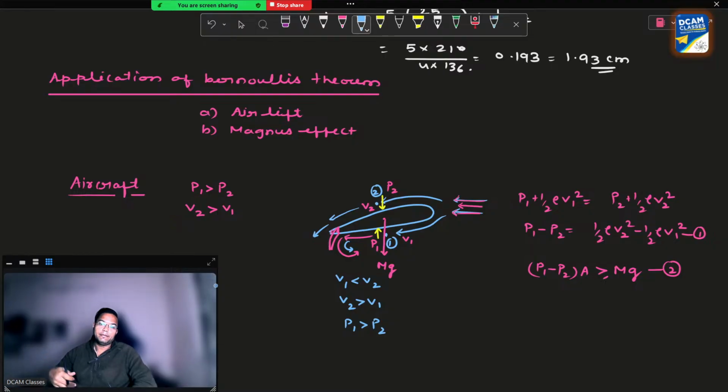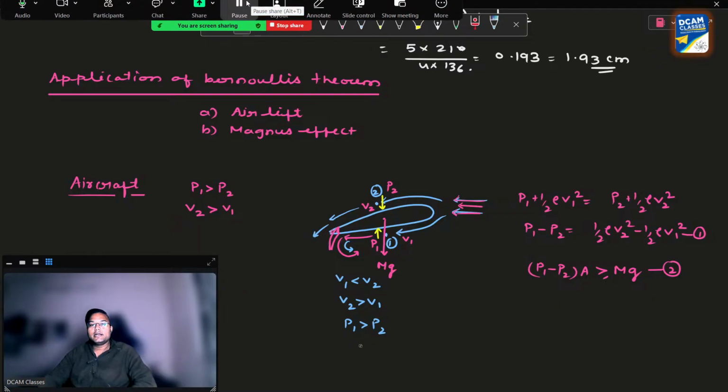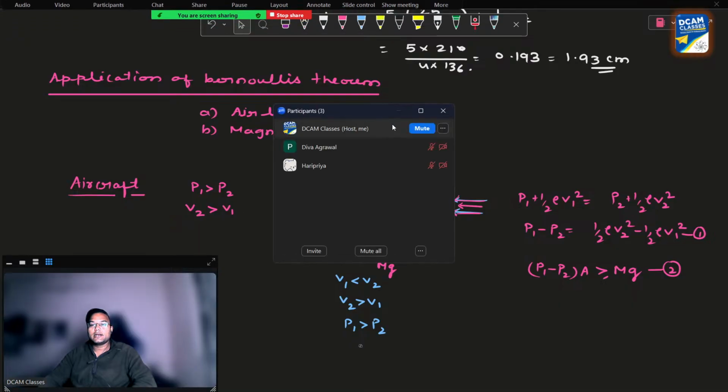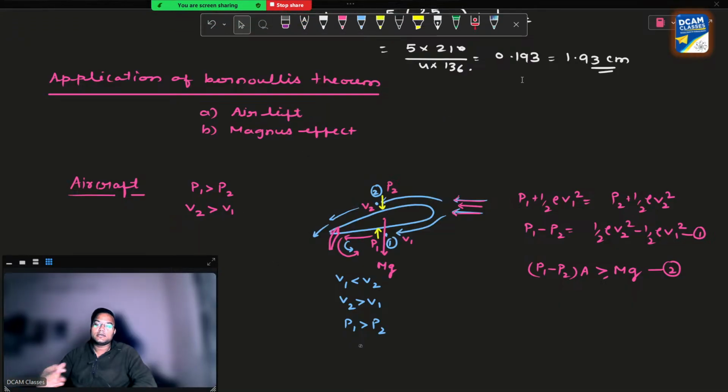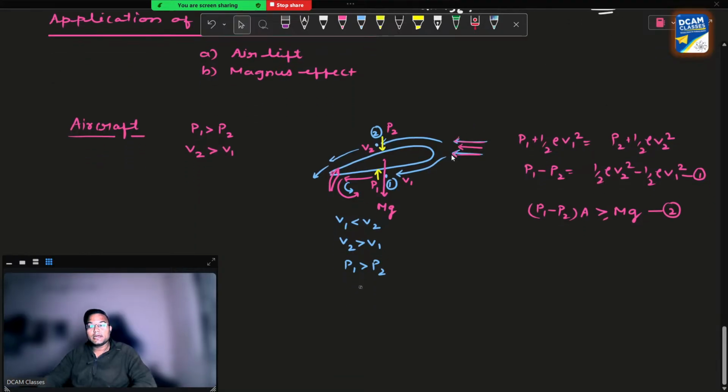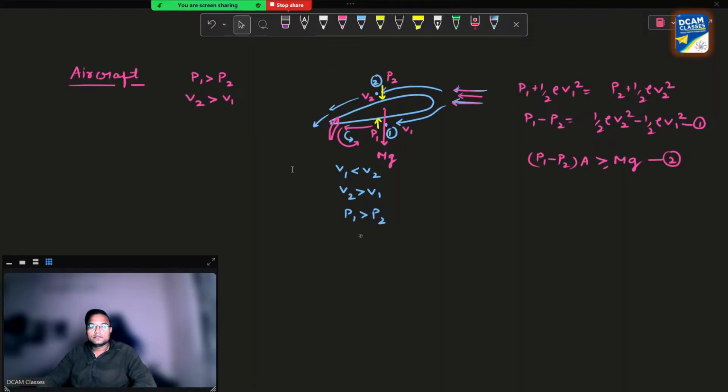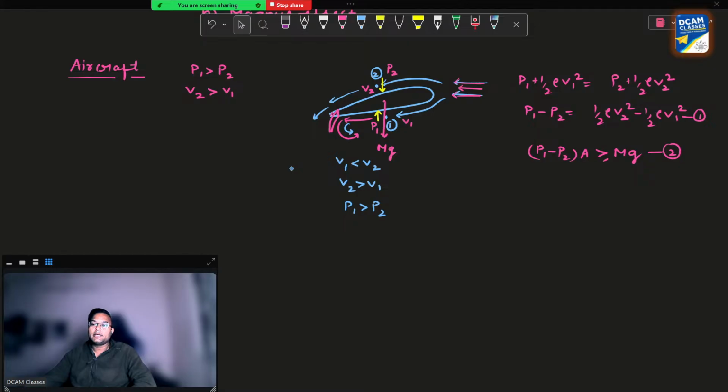That's why they are able to maintain the pressure difference P1 minus P2, and when P1 minus P2 into A becomes greater than mg, it takes off. Understood how the aircraft takes off? Haripriya, Diva, did you understand? Yes, sir. It's just an application of Bernoulli's theorem.